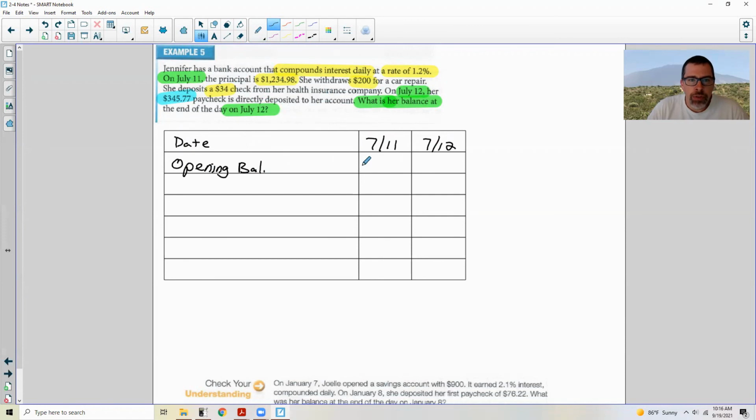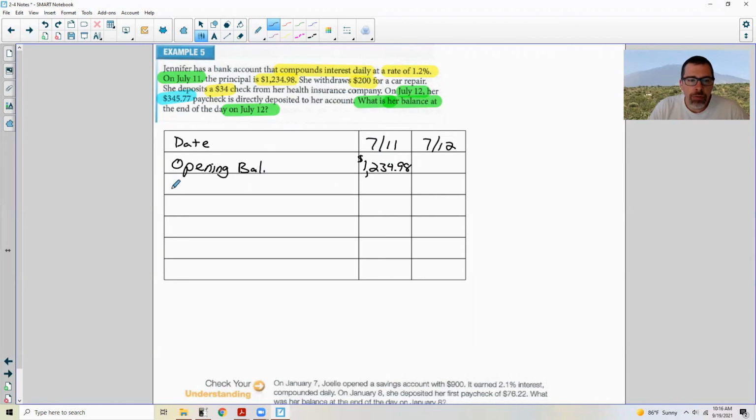And that was $1,234.98. Let me fix that 4. It might look like a 2 later, or 9. That's better.